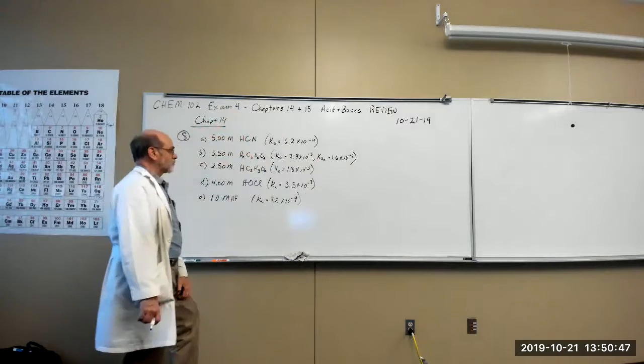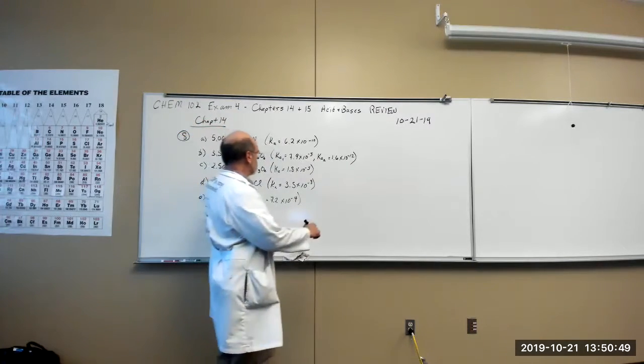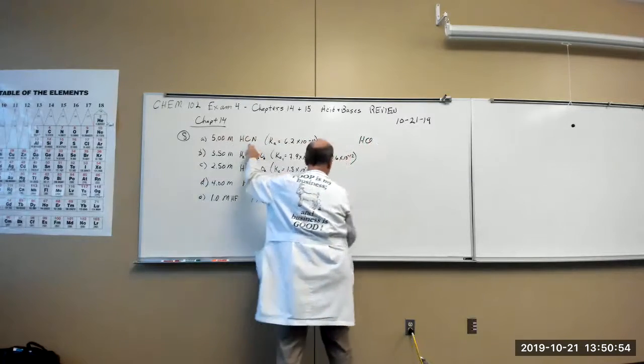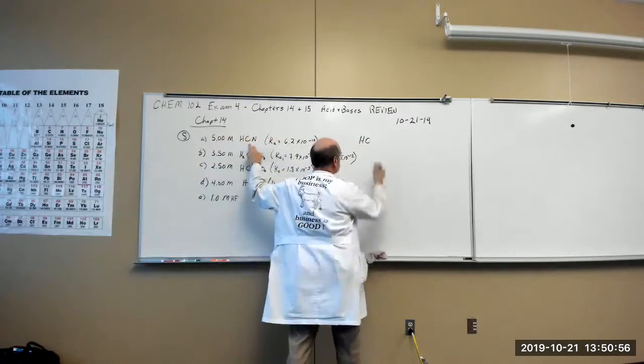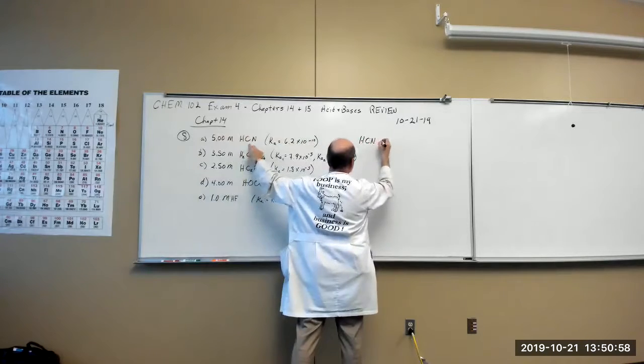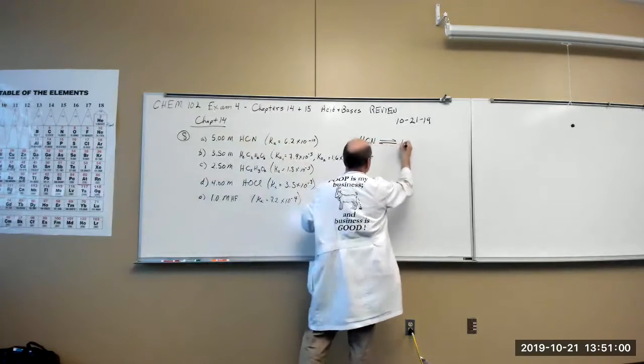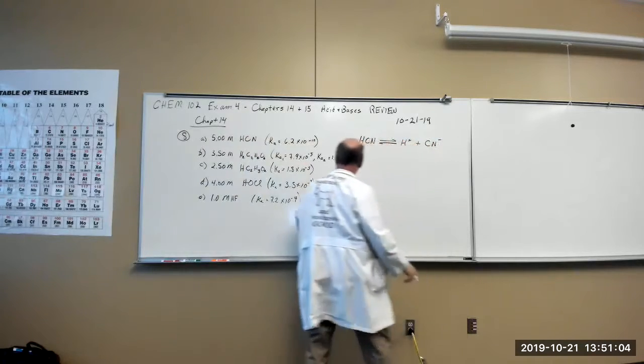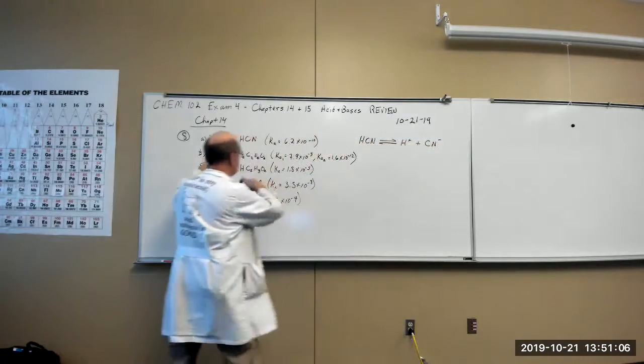Well, let's use this one as an example. Hydrocyanic acid yields that plus that. Right? So we can look at each one of these as a proton dissociation.